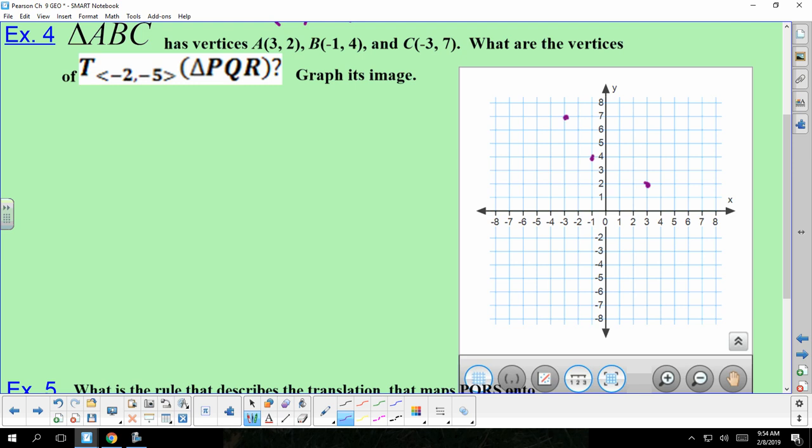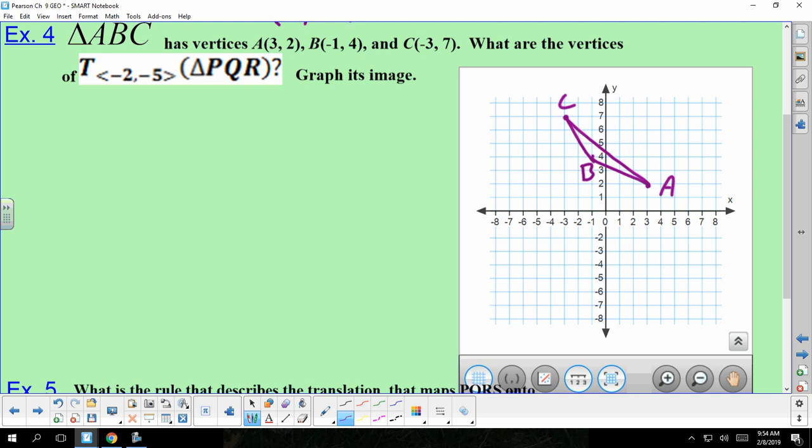So it's a very narrow triangle. So graph the points. And then let's go ahead and label them. So we have A, B, and C. And we want to go ahead and find the vertices of PQR under this translation.